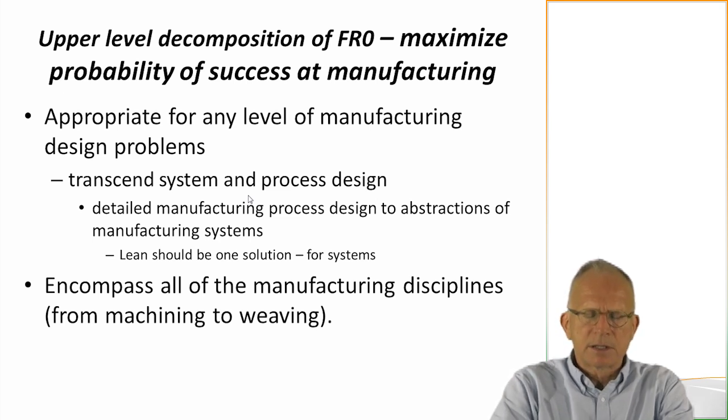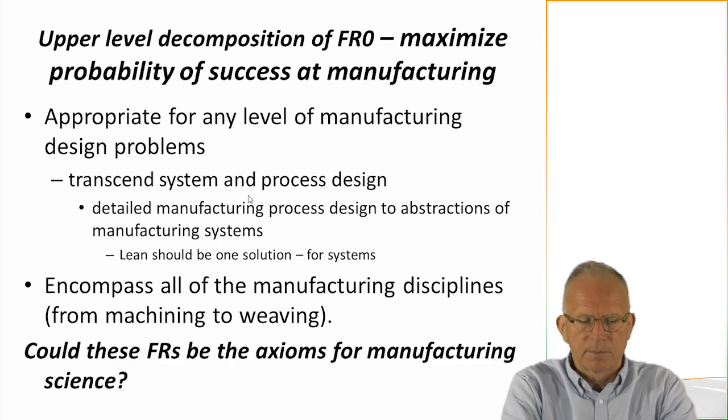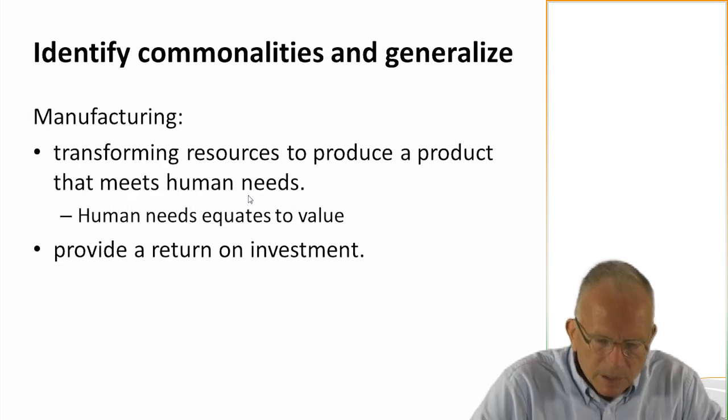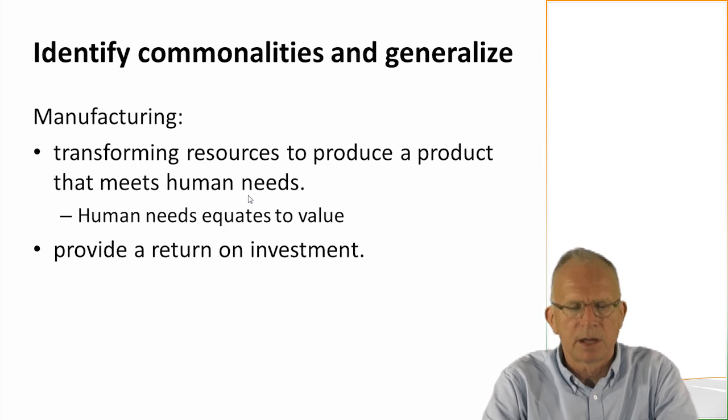But this still leaves us a little short because it's not clear how to apply this. So what we would need to do is decompose it somehow. So how would we do this? Well, we want to identify commonalities and generalize.